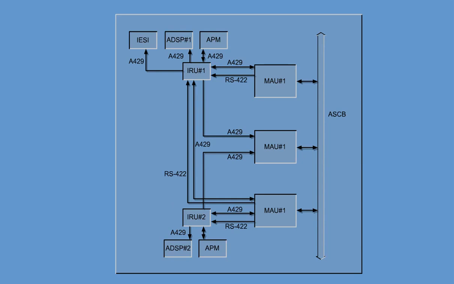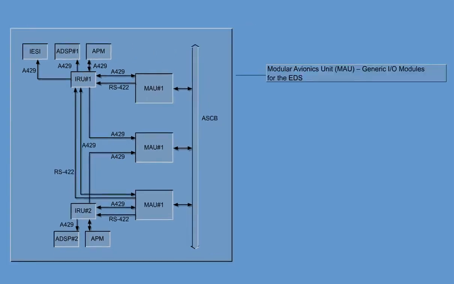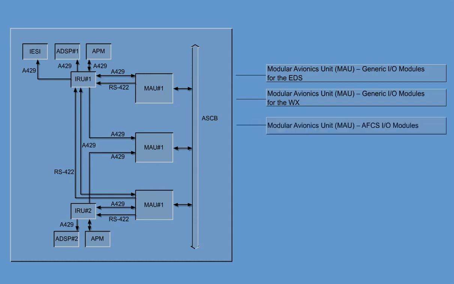In addition, the IRS interfaces with the following airplane systems and equipment to transmit inertial output data: Modular Avionics Unit, generic I/O modules for the electronic display systems, and is displayed to the crew on the PFDs. Modular Avionics Unit, generic I/O modules for the weather radar system. Modular Avionics Unit, AFCS I/O modules.